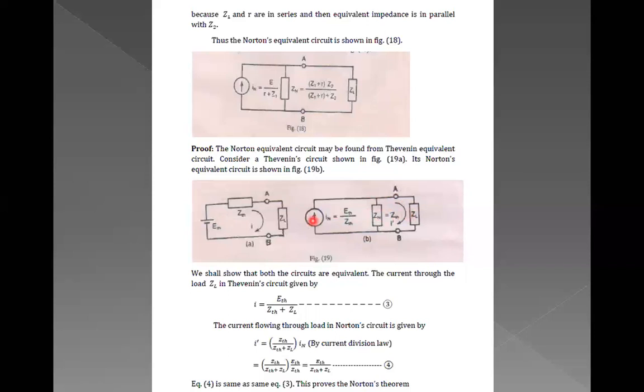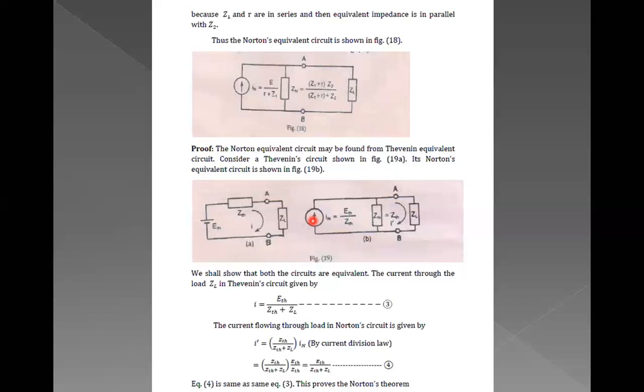This is according to the current division law. Once again, I dash is the current flowing through the load resistance ZL, and it is equal to ZTH by ZTH plus ZL into IN.